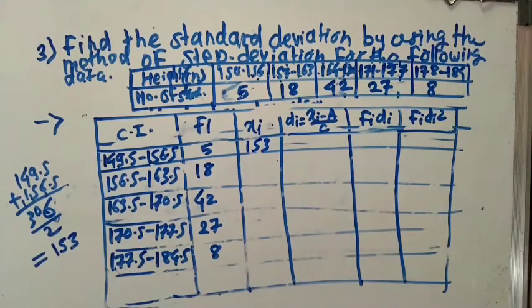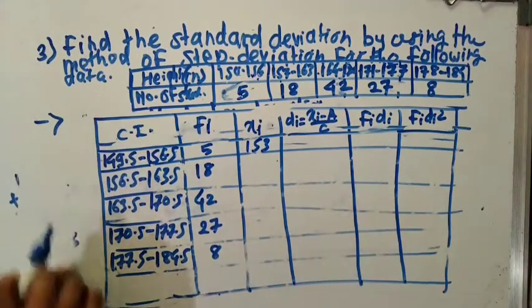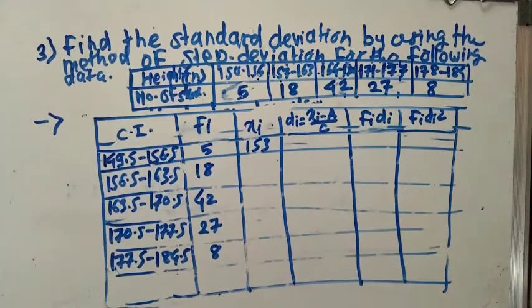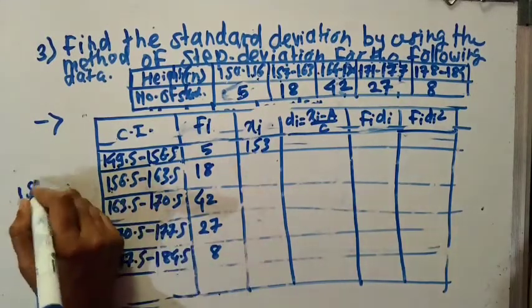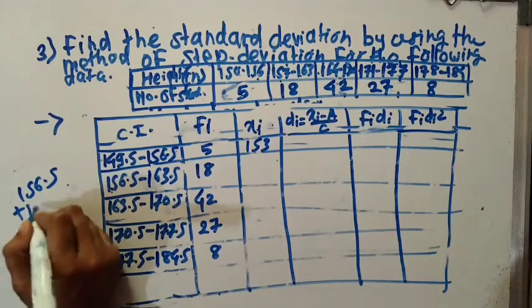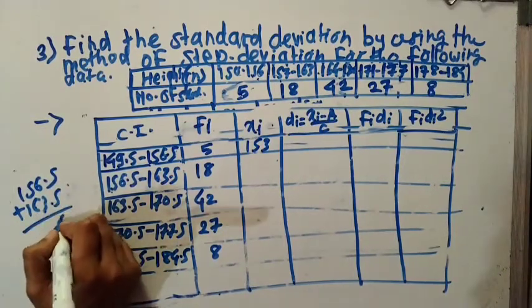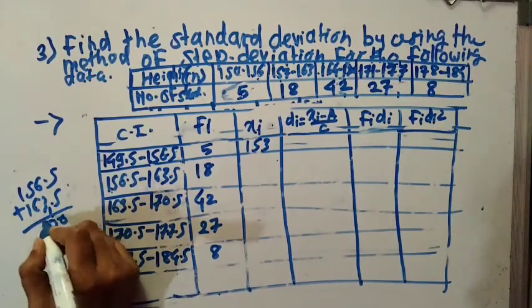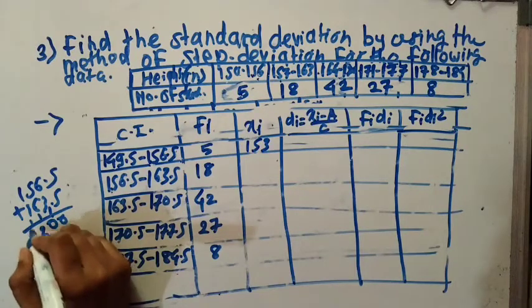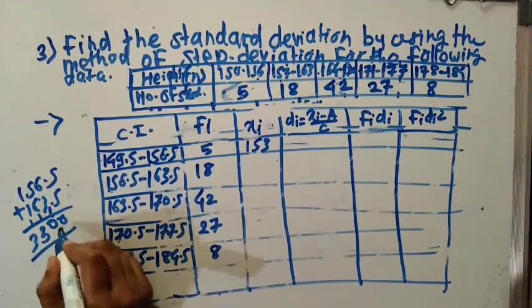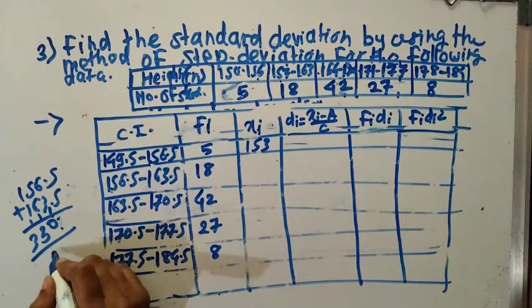Then find out the second value, 156.5 upon 2.